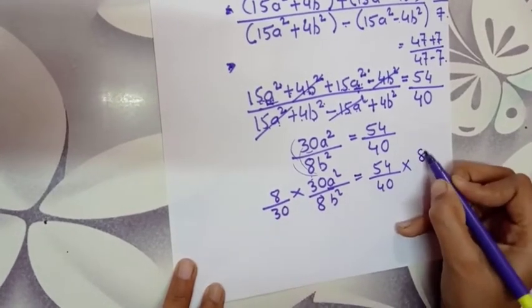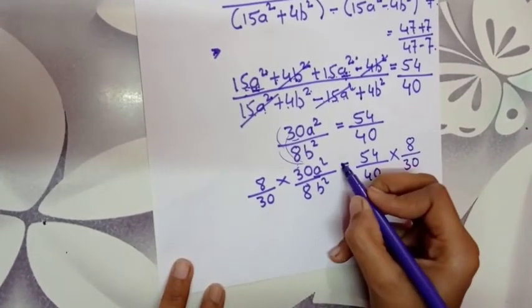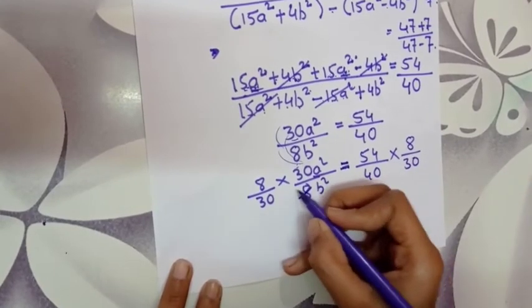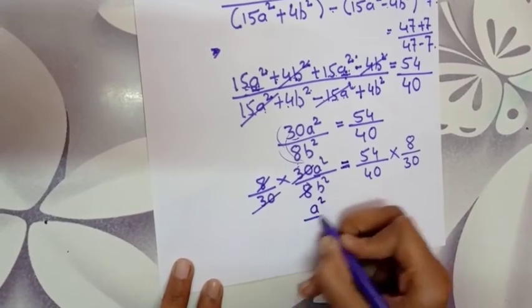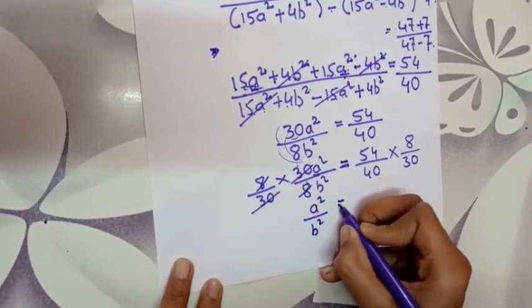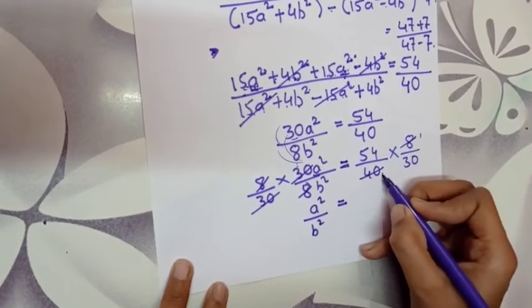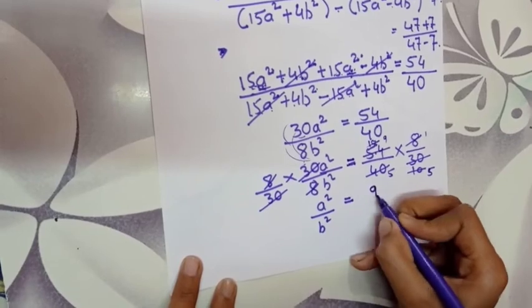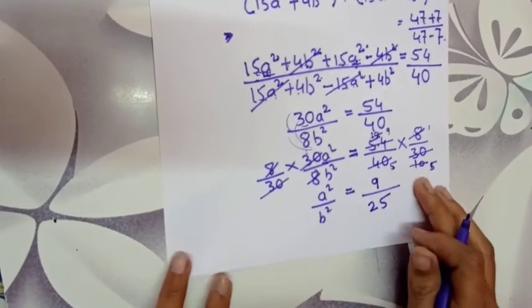We multiplied on the LHS by 8 by 30, so we have to multiply by 8 by 30 on the RHS so that the equality remains. Now 8 gets cancelled, 30 gets cancelled. The remaining will be a square by b square, which will be equal to 8 ones are 8, 8 fives are 40, that is 9 by 25.